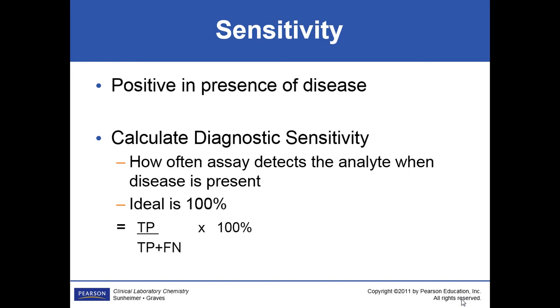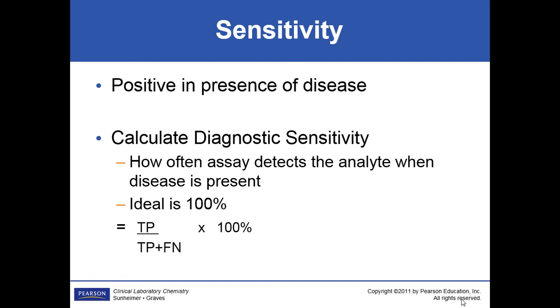For this math, we're looking at how many times we get a false negative. That means they have the disease and we said it was negative. Okay? It's a false negative. So they should have been, we wanted them to be true positives. So how many times do we have a false negative? And, you know, sometimes we don't know that.